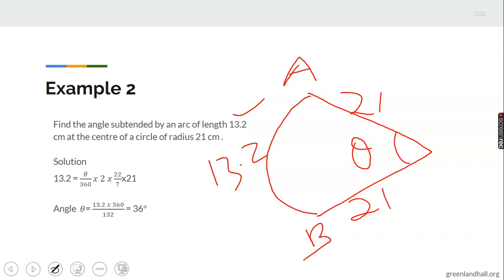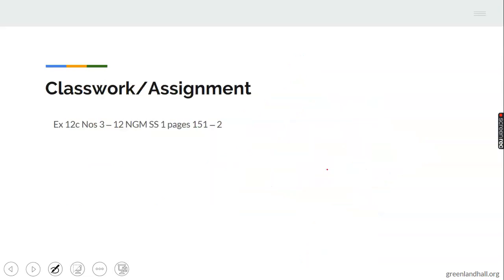So we put 13.2 as the arc length, then theta over 360 times 2 times 22 over 7, and then times the radius, that's 21. Making theta the subject, we have 36 degrees. So that's the angle at the center.